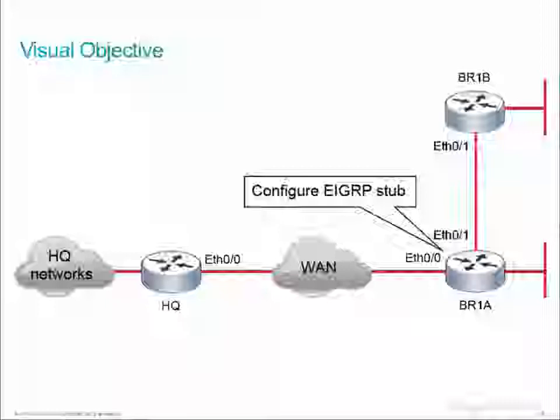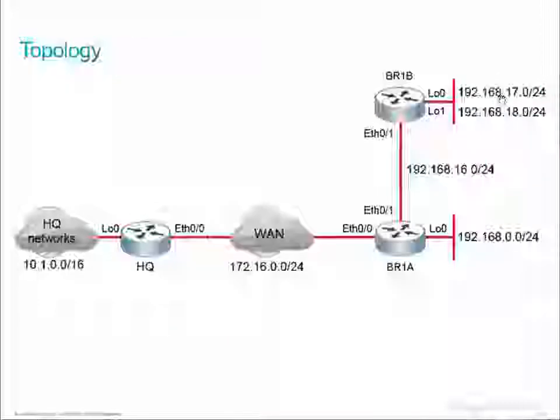BR1B is announcing a /23 summary into the network, 192.168.16.0/23. Let me pull up the actual topology. That summary is going to cover the 16 network and the 17 network. All of this stuff that I'm describing right now is being done only because we need to demonstrate a couple of different summary features that exist in EIGRP.